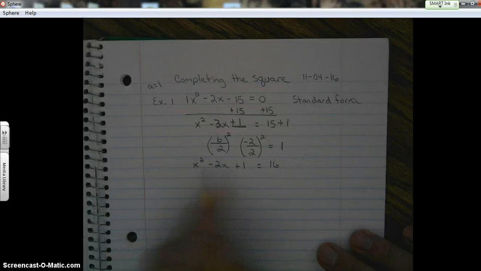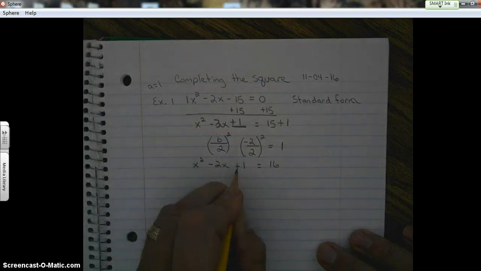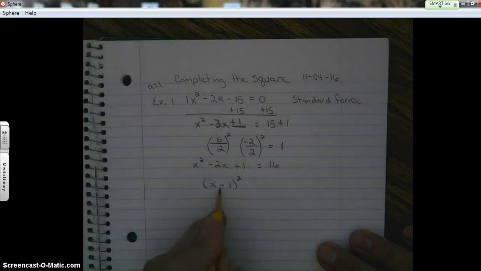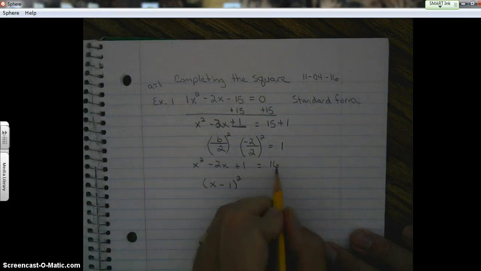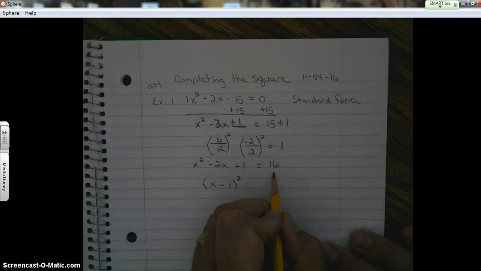Now this is a perfect square, so we can go ahead and factor this. This is going to factor to x minus 1 squared. See the perfect square? And then I'm going to move the 16 back over to the other side. So I'm going to subtract the 16 on the right and subtract it on the left.